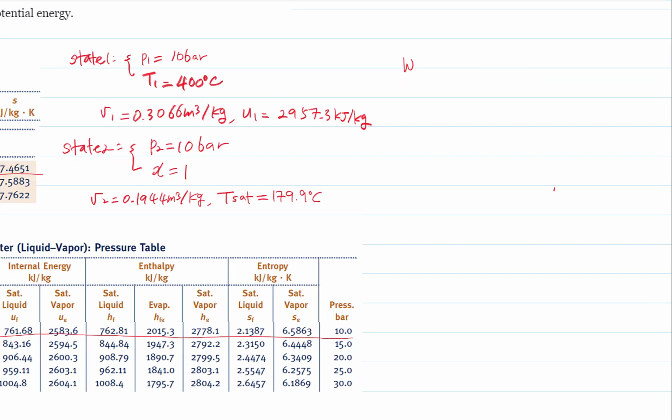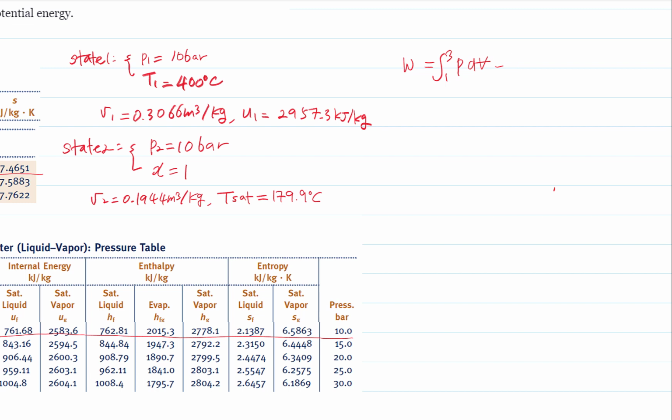Only moving boundary work exists in this problem. So work, this is the moving boundary work. Since work is a path function, the work depends on the path, how the process is conducted.